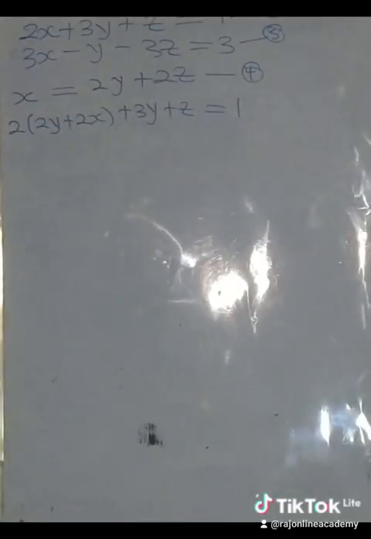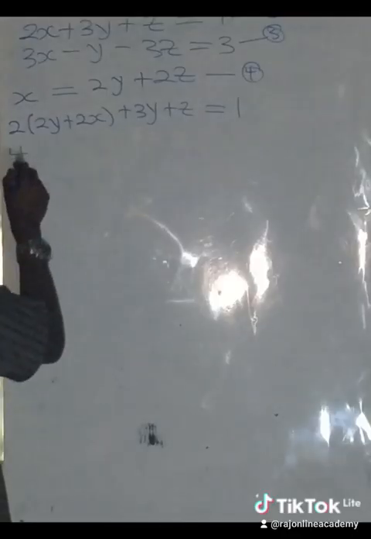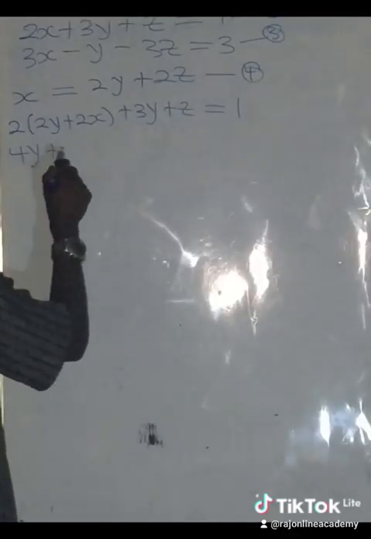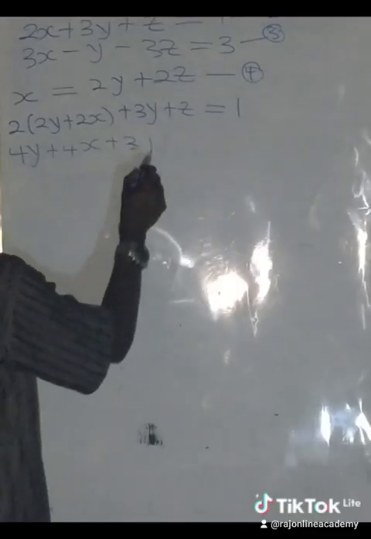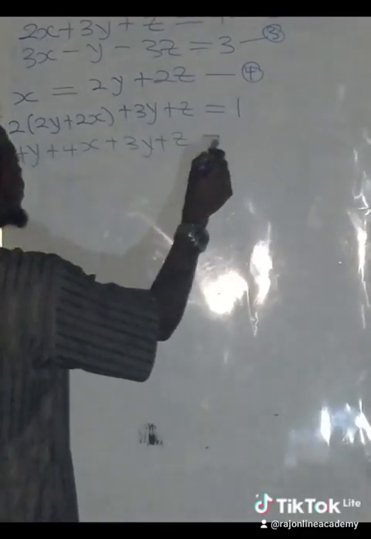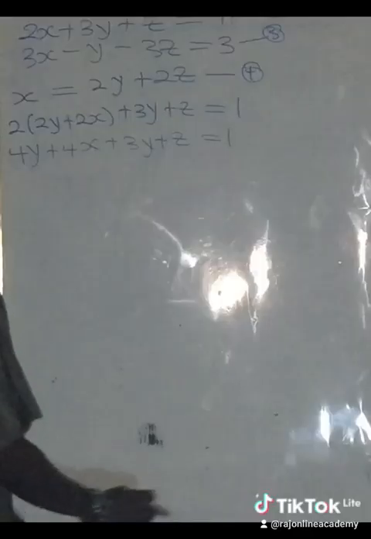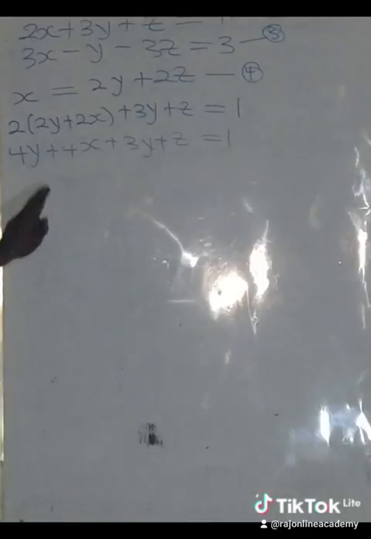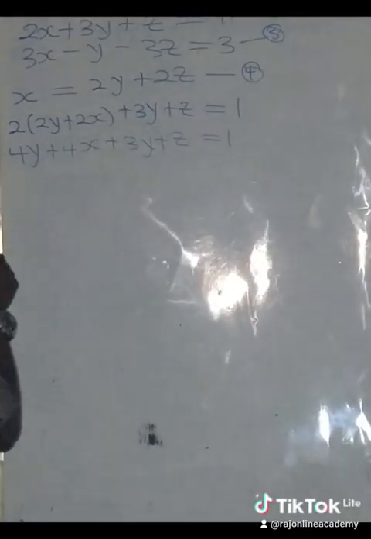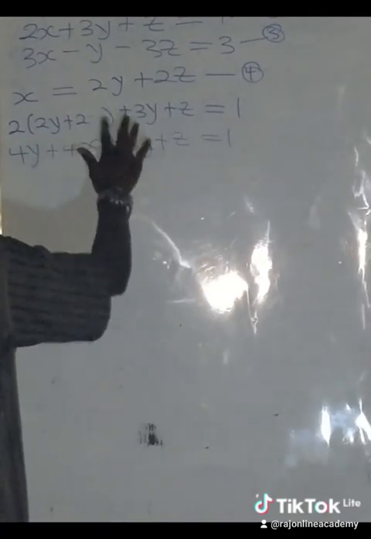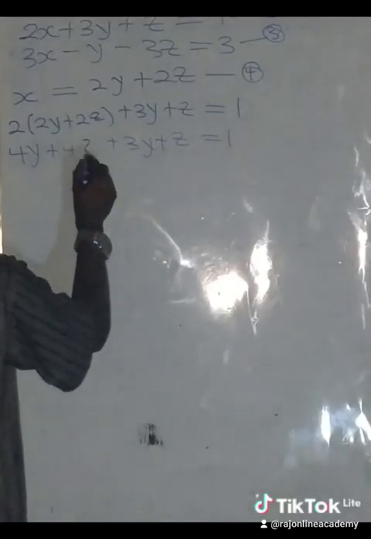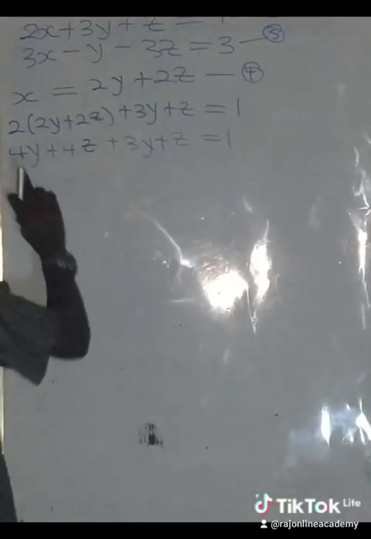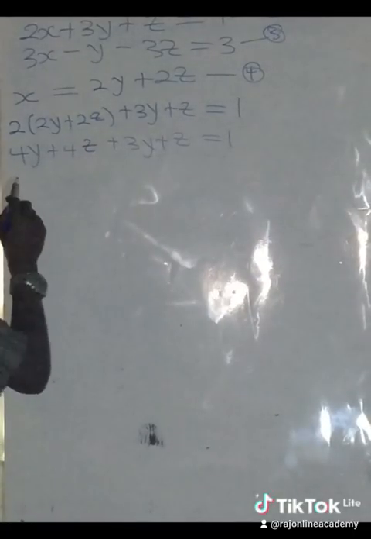Now we multiply. 2 times 2y, we have 4y, plus 2 times 2z, we have 4z, plus 3y plus z equals 1. Let's collect like terms. 4y plus 3y is 7y.